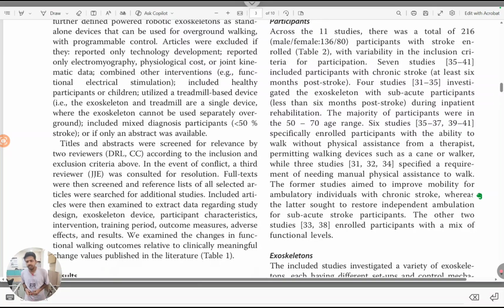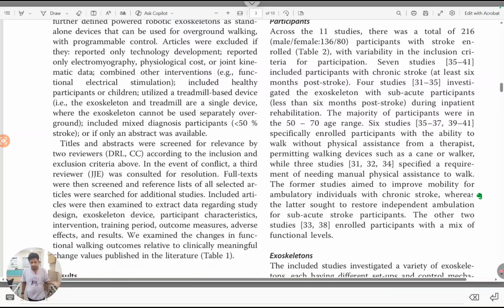Full texts were then screened and reference lists of all the selected articles were searched for additional studies. The included articles were then examined to extract data regarding study design, exoskeleton device, participant characteristics, intervention, training period, outcome measures, adverse effects, and results.